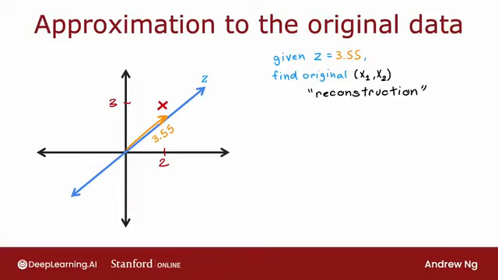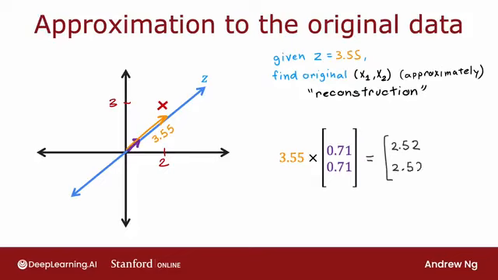It turns out you don't have enough information to get back x1 and x2 exactly, but you can try to approximate it. In particular, the formula is you would take this number 3.55, which is z, and multiply it by that length 1 vector that we had just now, which was 0.71, 0.71. And this ends up to be 2.52, 2.52, which is this point over here.